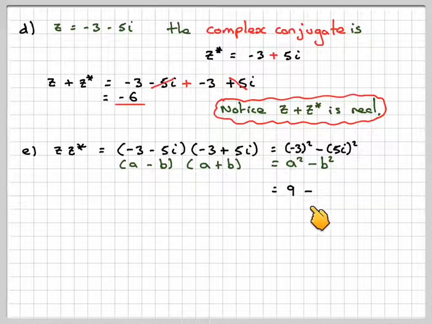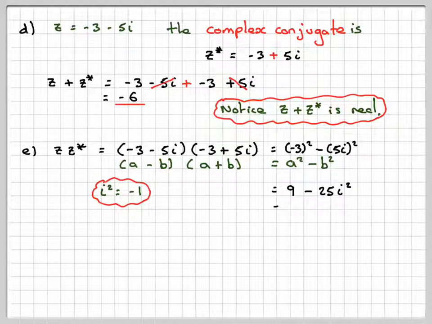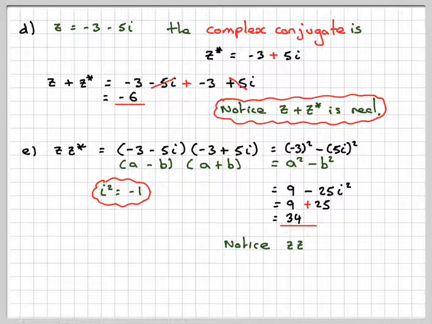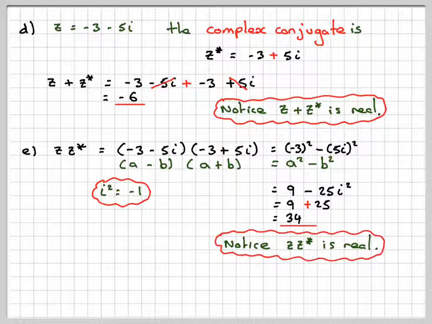So that gives you 9 minus 25i squared. Now i squared is equal to minus 1, so this will become 9 plus 25, because it becomes 25 times minus 1, which is plus 25. So it's a good idea to write this bit down, which gives you an answer of 34. And notice that z times its conjugate is also a real number.